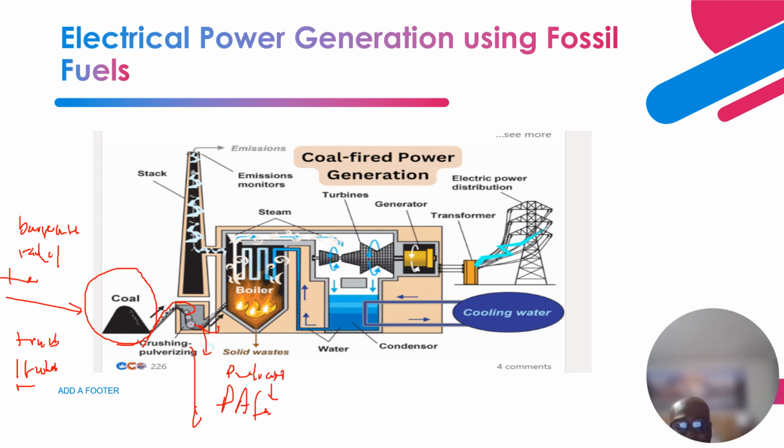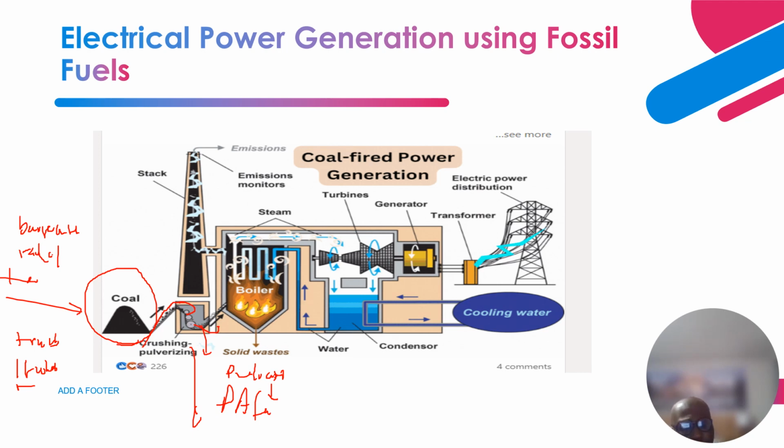Then integrated to the pulverizer is a PA fan. The pulverizer is quite close to a mill. Once the coal comes from the silo and goes under the massive rotating mill, it crushes it into fine powder.